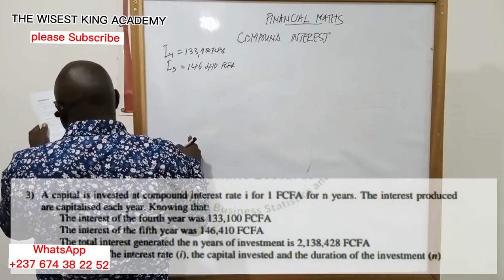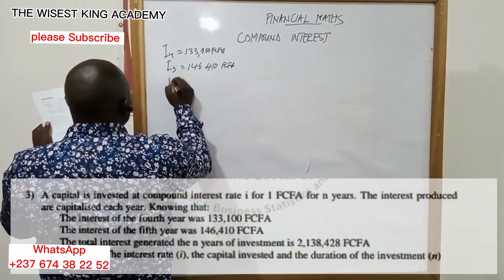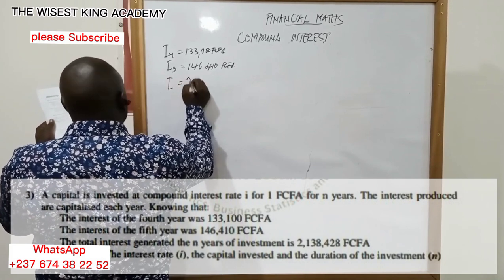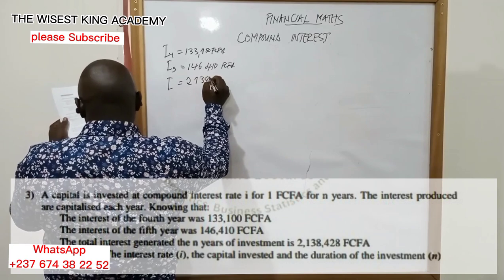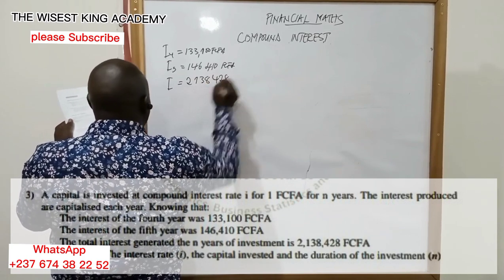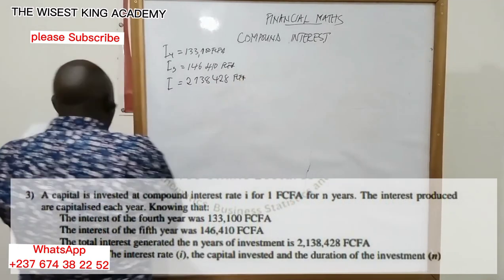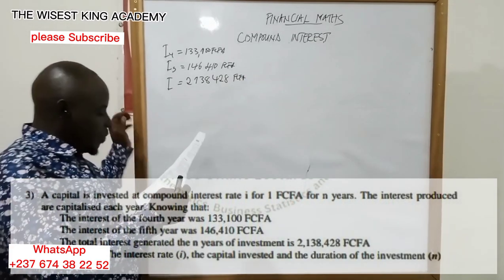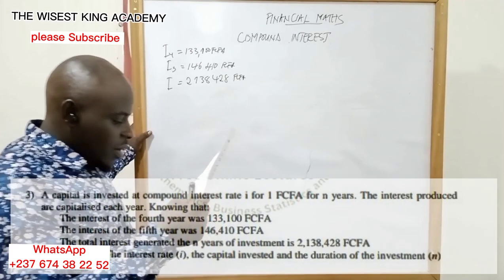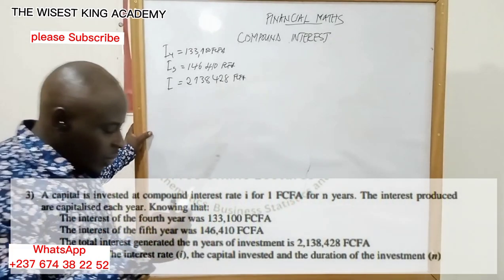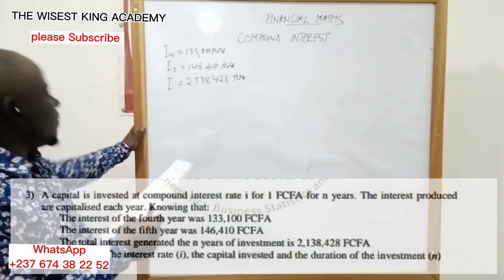The total interest generated in the n years of investment is 2,138,428 francs CFA. So that's what we have been given. Calculate the interest rate I, the capital invested, and the duration of the investment n.